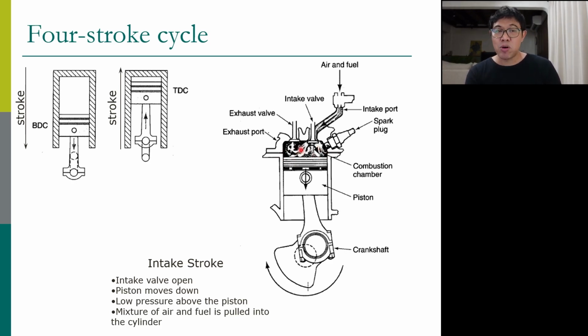The vacuum draws in air and fuel. The intake valve opens and lets the air and fuel go into the cylinder, the combustion chamber. The piston keeps moving down until it gets to the bottommost position. Now we have air and fuel inside the combustion chamber.